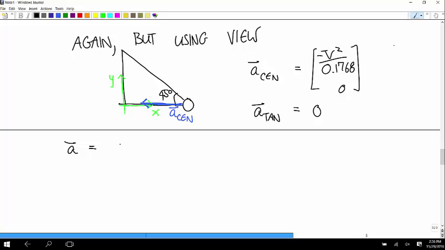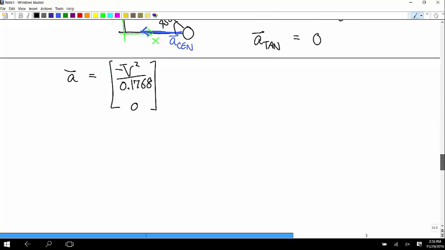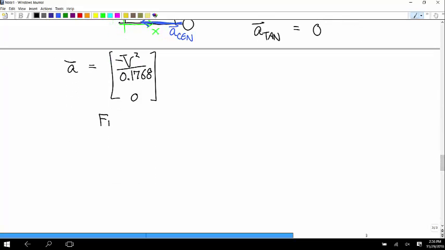So the total acceleration is negative v squared over 0.1768, 0 for y. And then a free body diagram of the ball. There's a weight force down of 0.981. There's a cable force that's this way this time, and it has a magnitude of t.